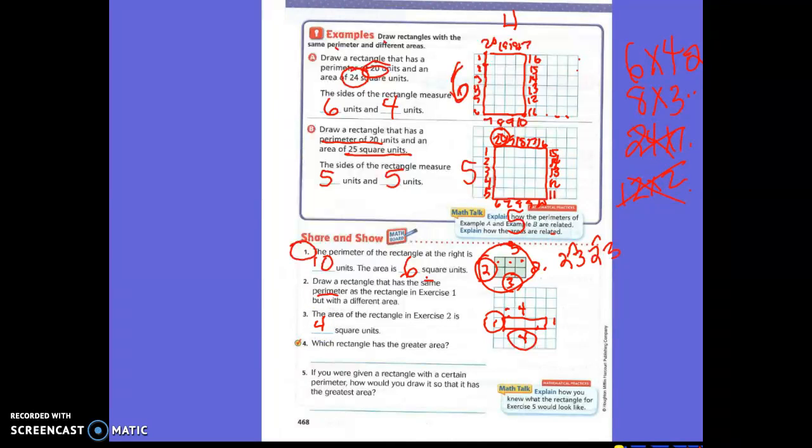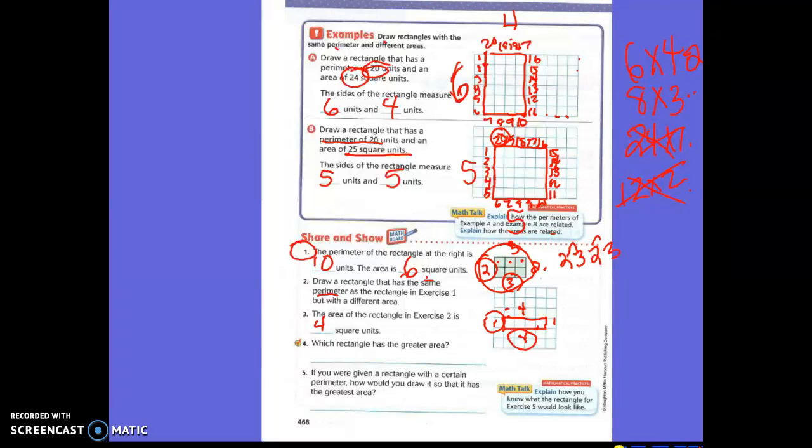Now, which of the rectangles had a greater area? Exercise 1 or exercise 2? Exercise 1, because greater means more than.